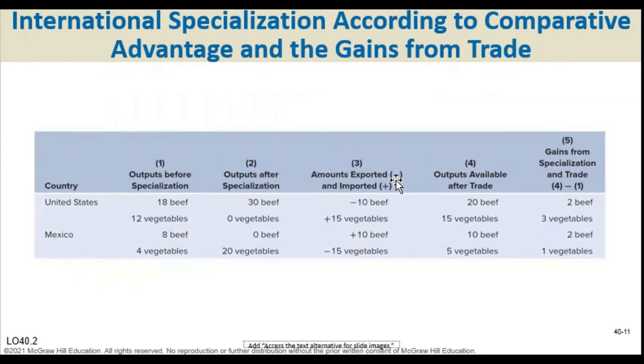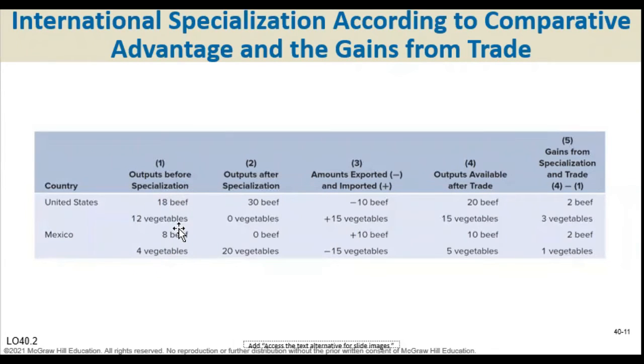So this table lists the international specialization according to comparative advantage and the gain from trade for Mexico and the United States. So you have the two countries here. You have the output before they specialized.